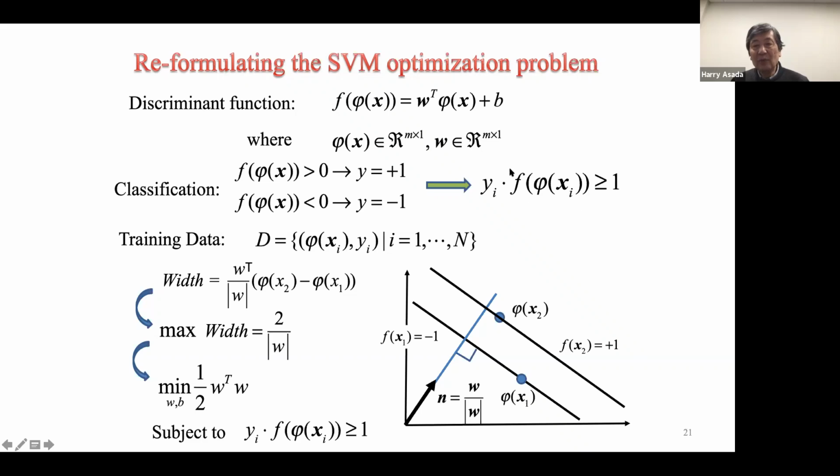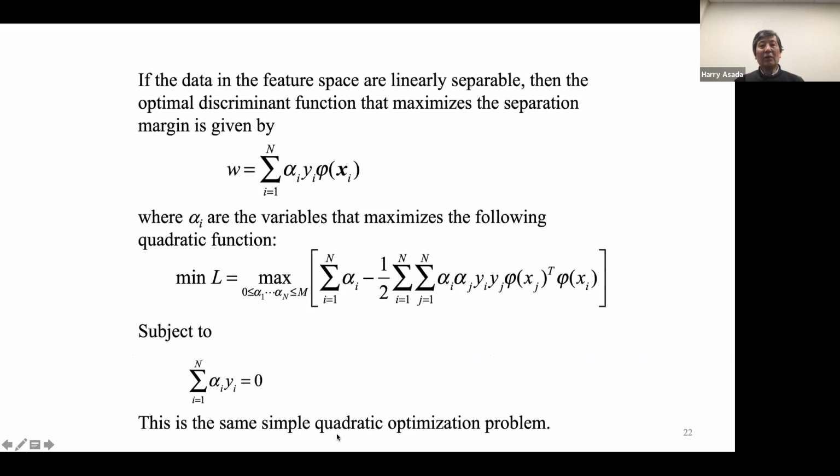We can combine these into just one condition, and this must be met for all the capital N sample points. The width is given by this, where I just replace x2 minus x1 by phi of x2 minus phi of x1. The same story: to maximize this width, we minimize the reciprocal, subject to this condition. Exactly the same story.